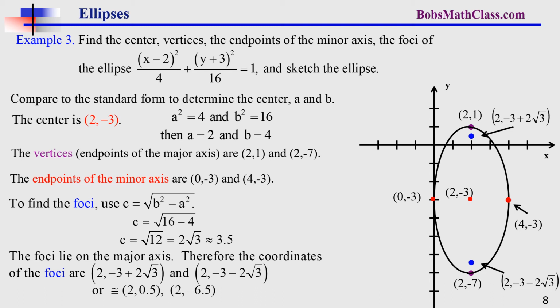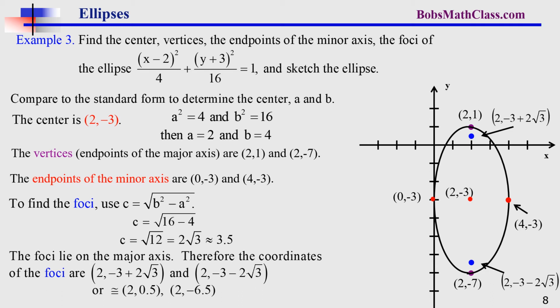When we write our answer, it depends on your instructor how you want to write it. Many times they'll want to leave it in an exact form. That means don't simplify the radical, or don't write the radical as a decimal. Okay, so square root 12 was 2 square root 3. So that means we're adding it to the y value of the center. So the y value is at negative 3.